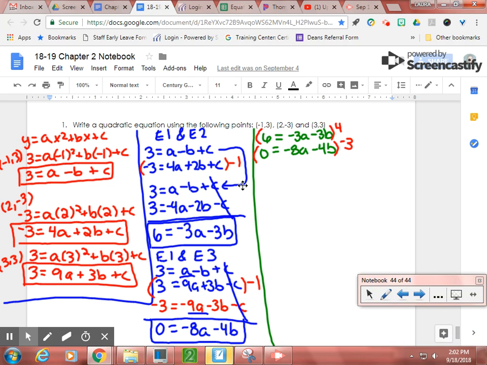So here's what's going to happen when we do that. You have to multiply every single term by that. So that's going to become 24 equals negative 12a minus 12b. The bottom one is going to be 0 equals a positive 24a and then a positive 12b.